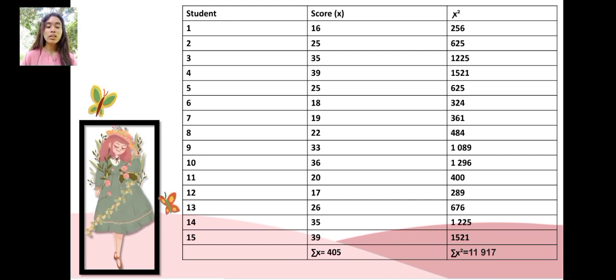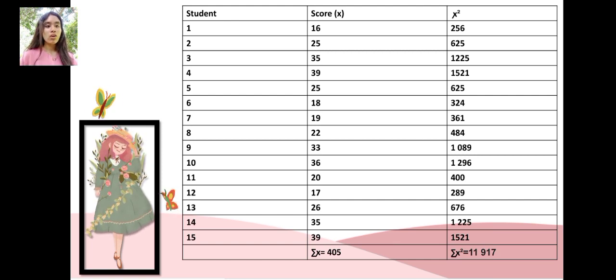Student 1 got 16, student 2 got 25, student 3 got 35, and so on. Once we are done filling in these scores, we are able to add them all. So we have summation of x equal to 405.